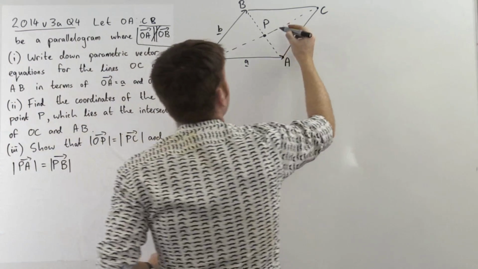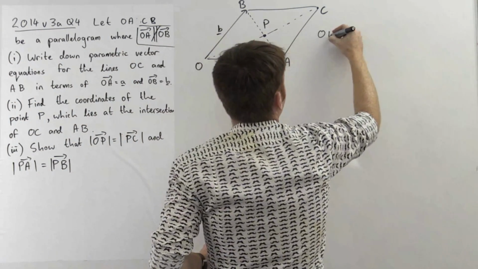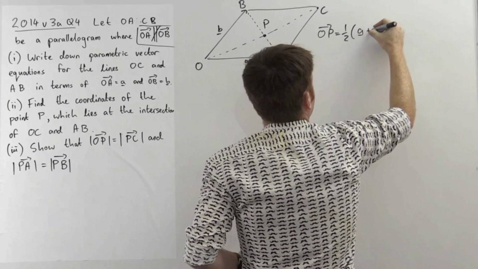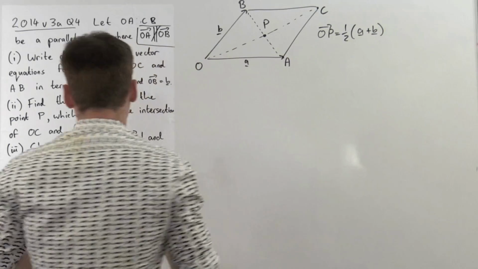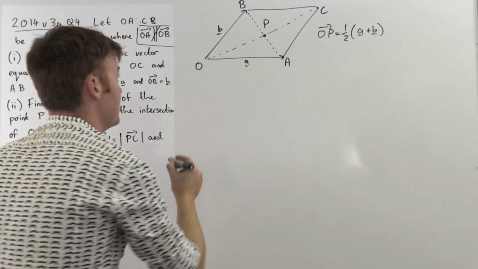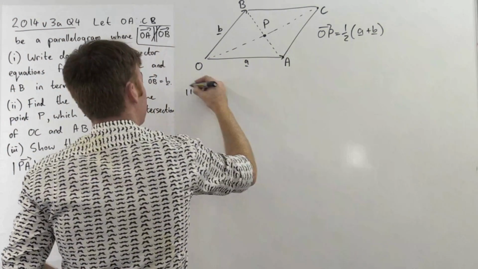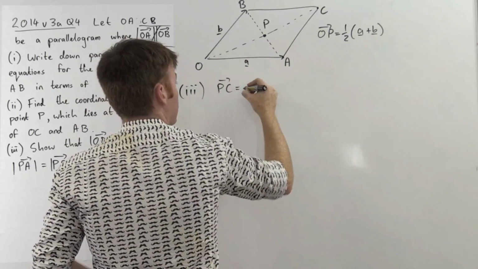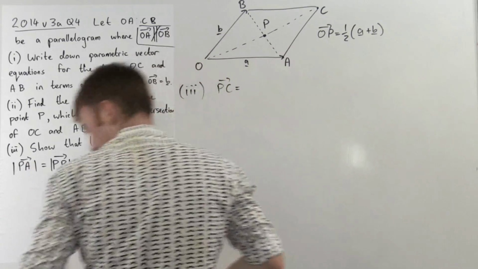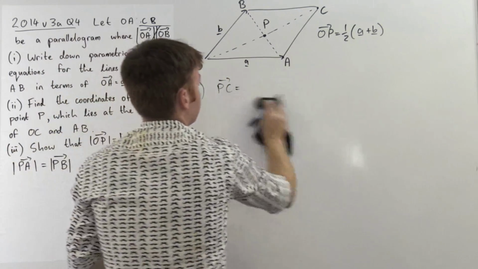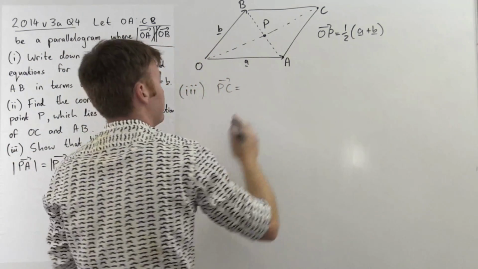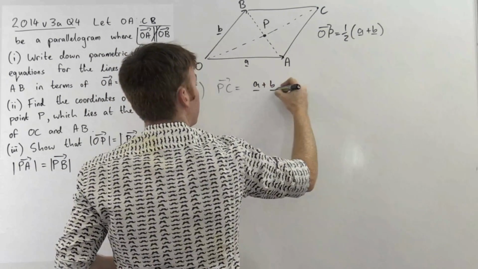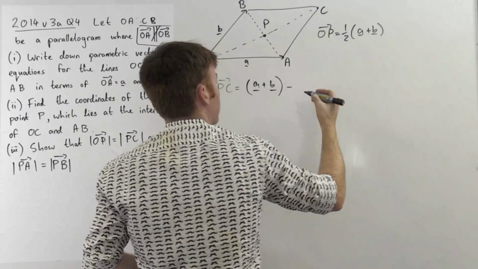So P, I guess we'll add OP. And then we need to show OP is length PC. Well, for part 3, what is PC? PC is C minus P, so that's C, which is A plus B, minus OP.